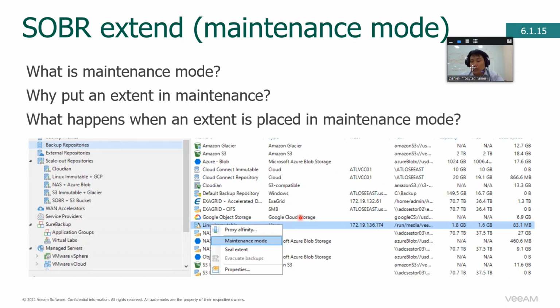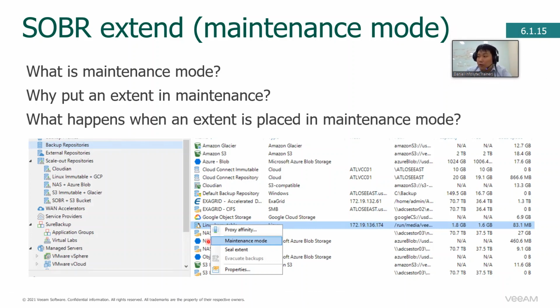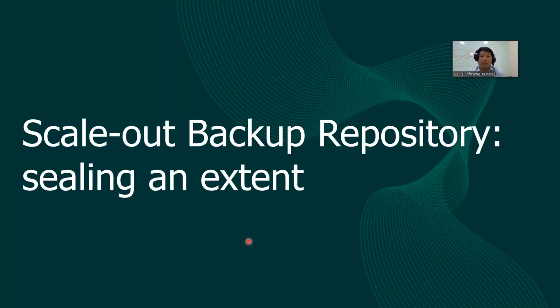Okay, so over here you will see that maintenance mode is a temporary maintenance option, for example. They will not write any new data there, then you can do maintenance and after that bring it online again. So what if I have a scenario where I do not want to use this repository anymore? I already bought new hardware.